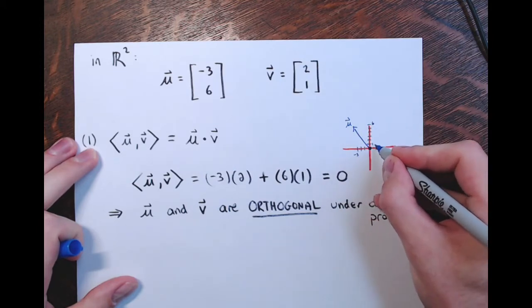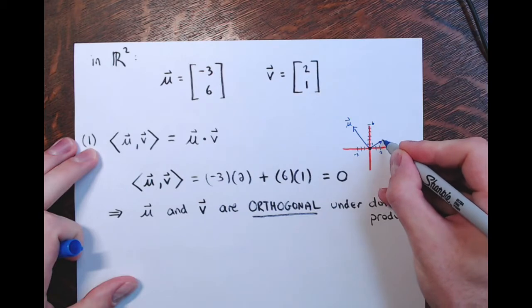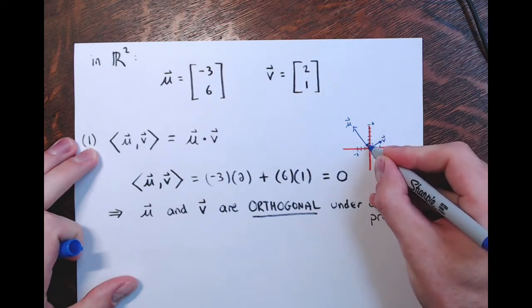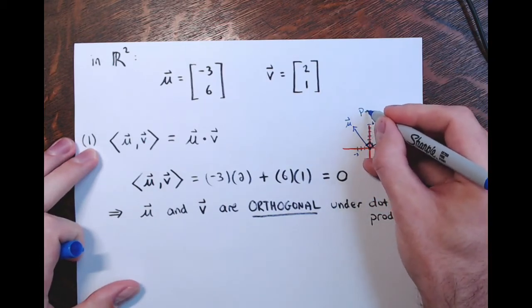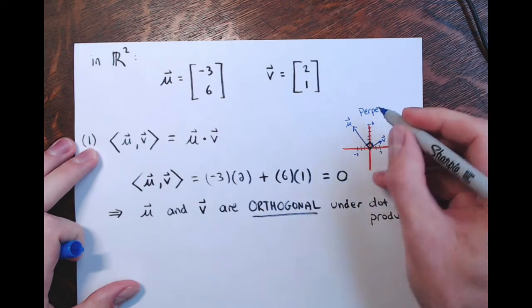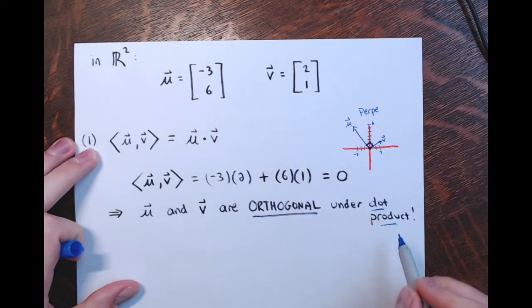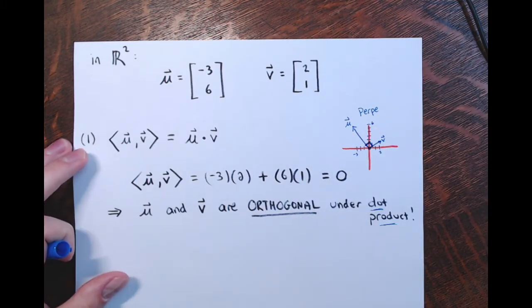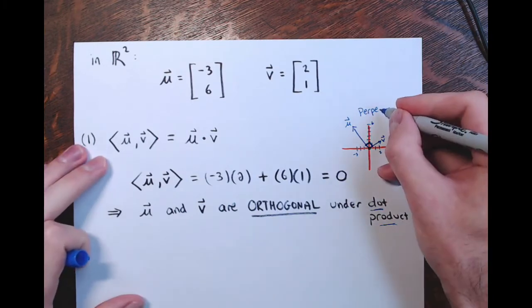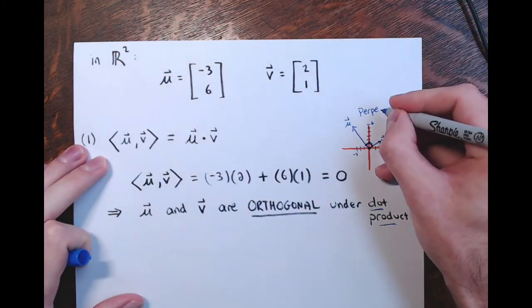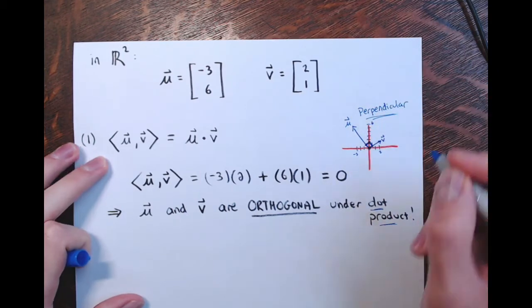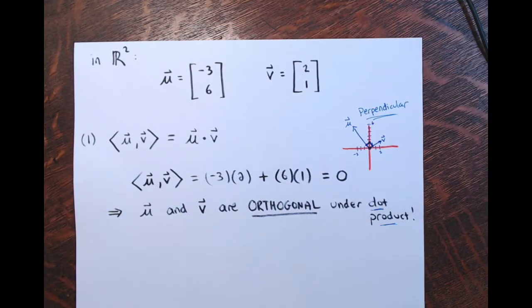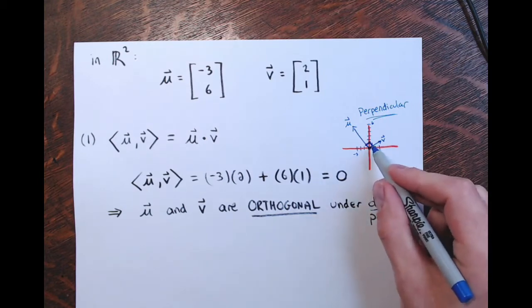And there's v. And what you see is when you're talking about this standard inner product, or the Euclidean inner product, or the dot product in R2 or R3, orthogonal means perpendicular. They will meet at a right angle.